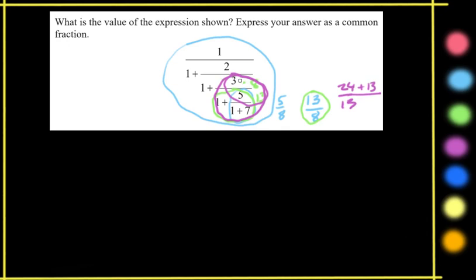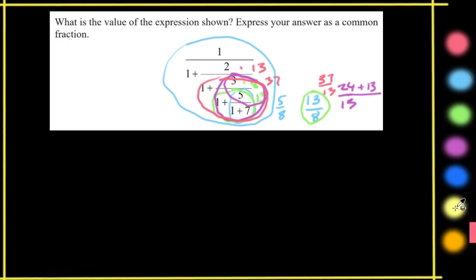So this whole thing, let's grab another color, I guess. This whole thing here is 37 over 13. And now we can put the 13 up here and the 37 down here. So this is 2 times 13 is 26.